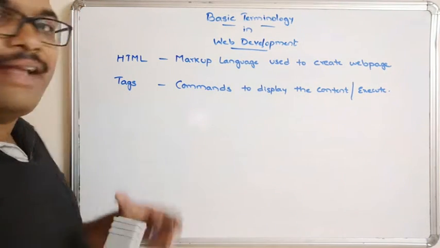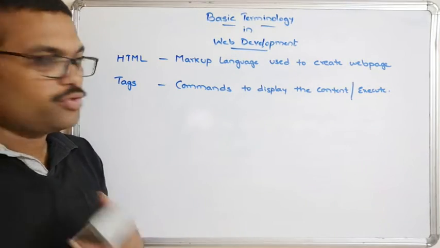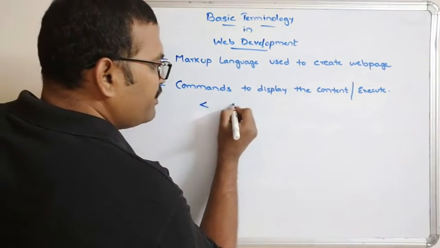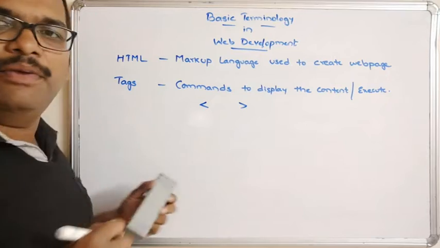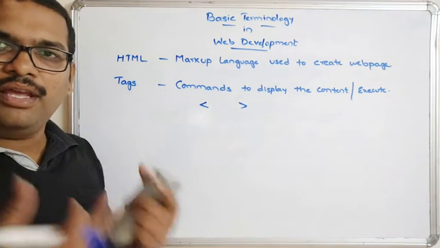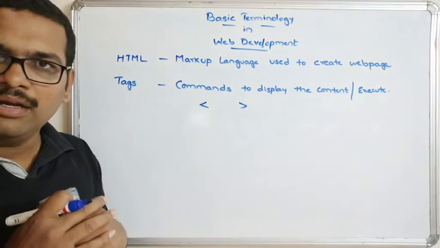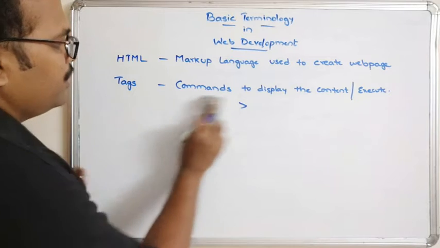So in HTML, we are going to use tags. These tags are placed in between the delimiters, the less than symbol and the greater than symbol, right? Here we are going to use different tags to display the content on the web browser, right?